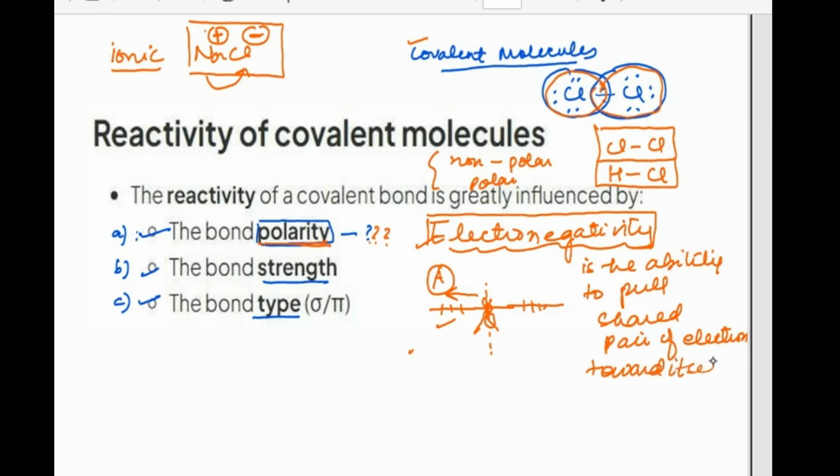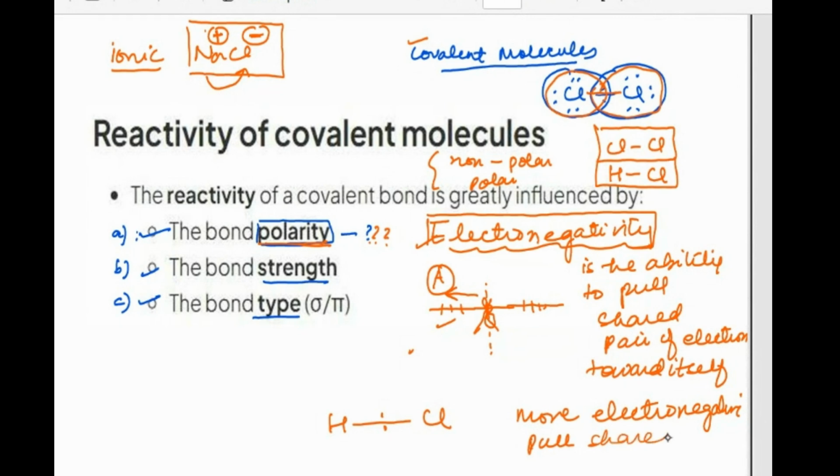So if we have the shared pair of electrons, for example in the case of hydrogen and chlorine, this is a shared pair of electrons. So whichever element is more electronegative will pull the shared pair of electrons towards itself.